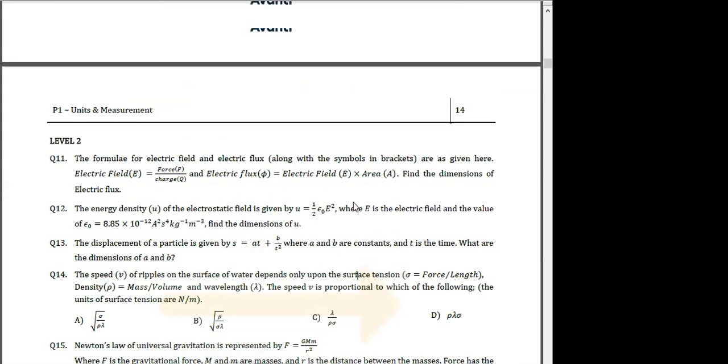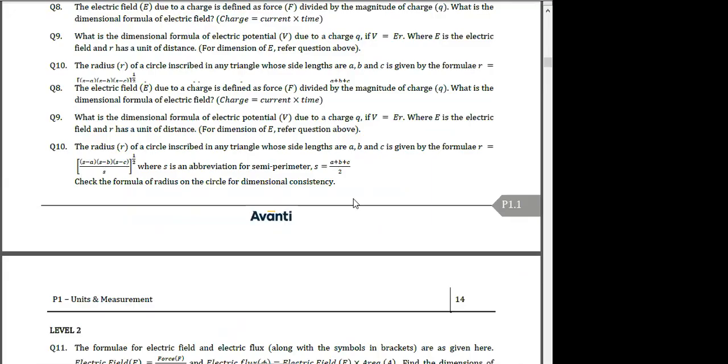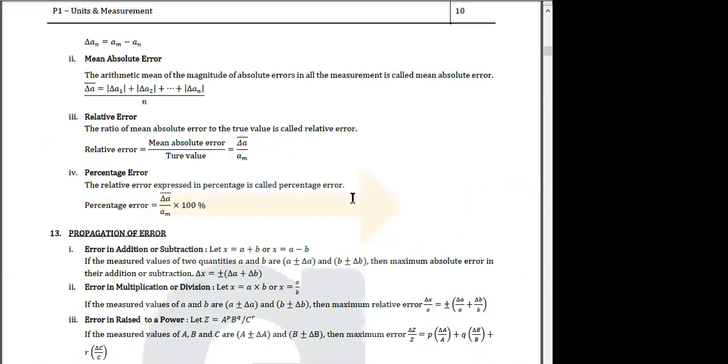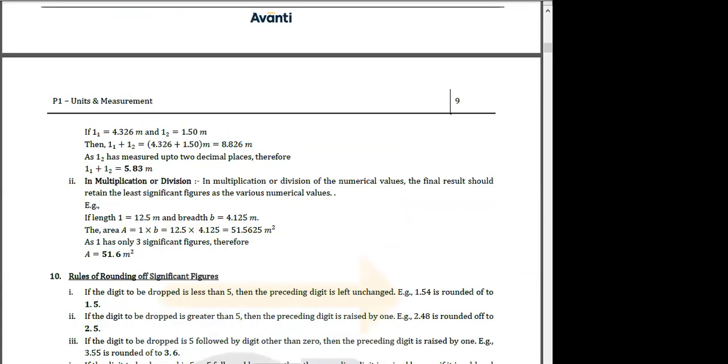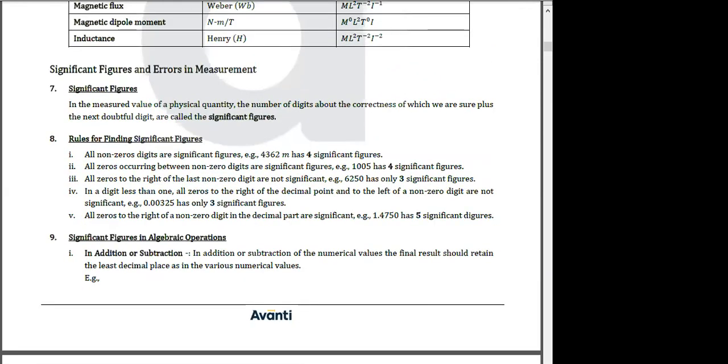Now, let us see significant figures and error analysis. Significant figures is actually a very small and easy topic. I guess all of you already know about scientific notations that we studied in class 7. In the same way, when you talk about significant figures, in physics or chemistry, it can be used in both.